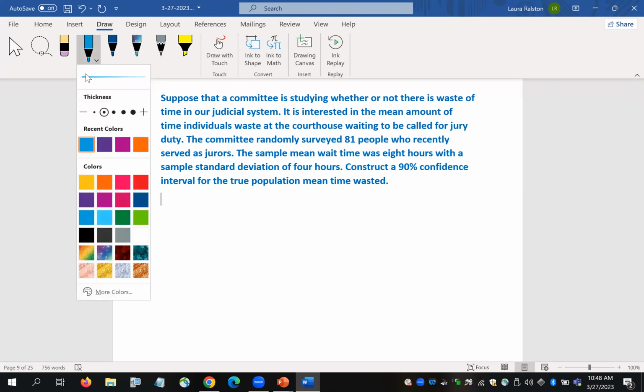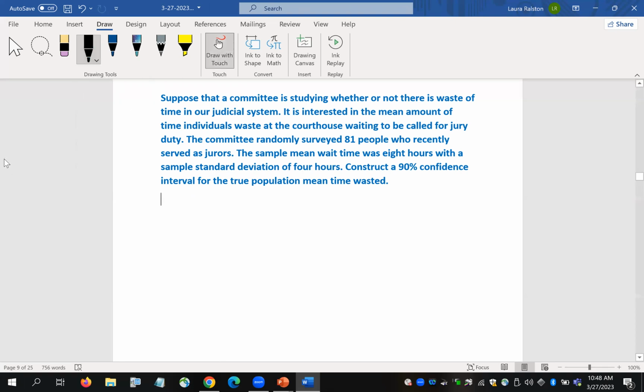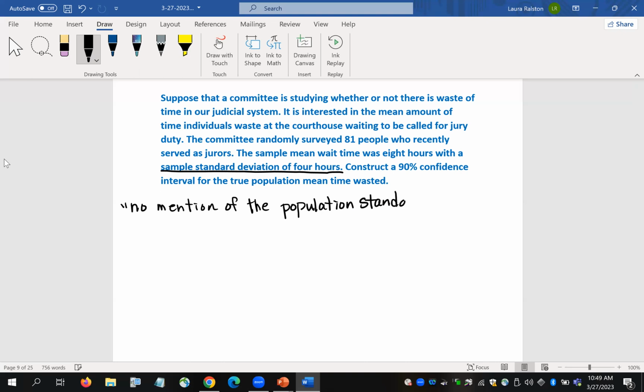So as I'm reading through that problem, initially what jumps out at me is that it gives me the sample standard deviation. Nowhere in this paragraph does it mention population standard deviation. So there's no mention of the population standard deviation.